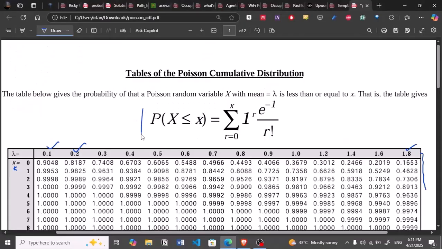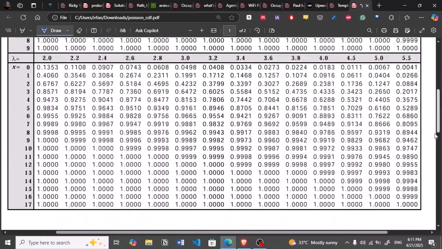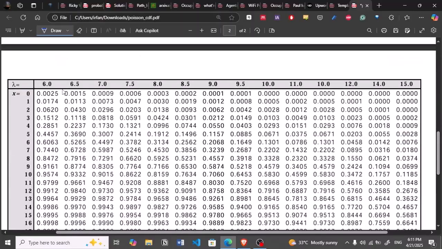Here this is basically lambda. Now let me search for 6. This is 6, this is for lambda, and for the value of x we have here 3.